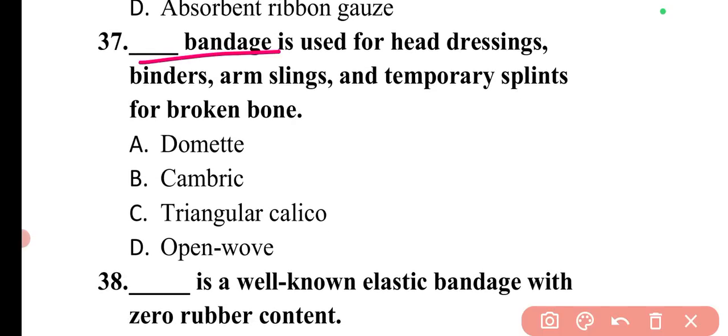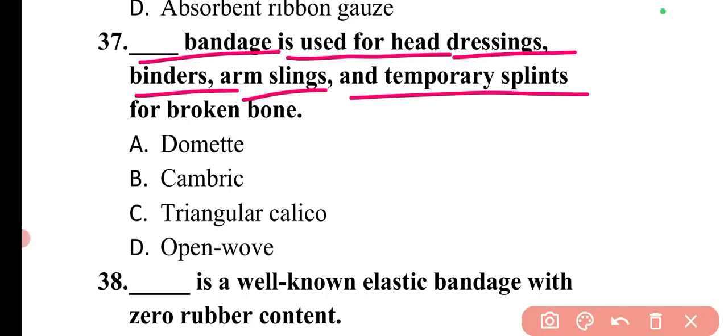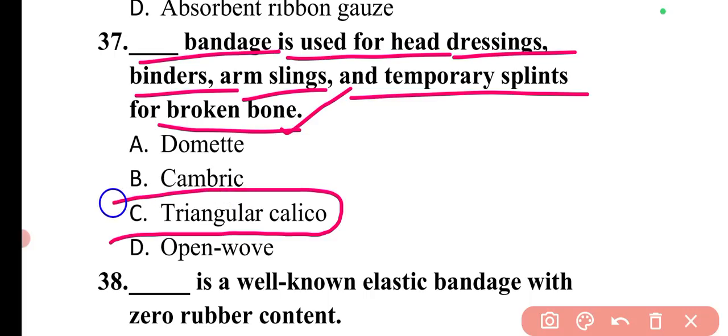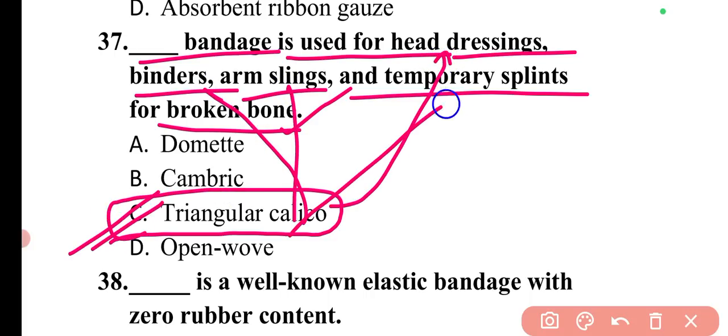Next question is, dash bandage is used for head dressings, binders, arm slings and temporary splints for broken bone. So this type of bandages are known as triangular calico bandages. These are basically used for head dressings or binders, arm slings or temporary splints for broken bone. If the bone is broken, then these triangular calico bandages are used. So here option C is correct.